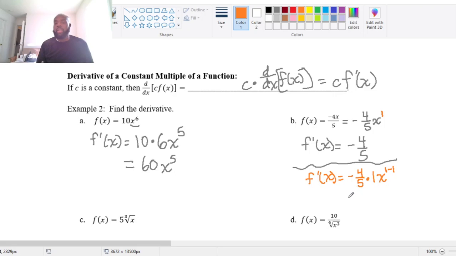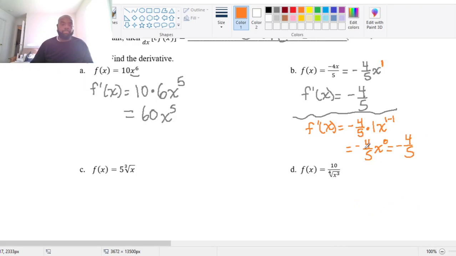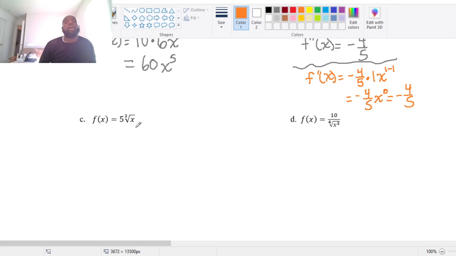Well, 1 minus 1 is 0, so I get negative 4/5 times 1, and that'll be x to the 0. And remember, anything to the 0 power except 0 is 1. So that's negative 4/5 times 1, which is negative 4/5. So if you don't want to do the derivative of a linear function, remember, it's just a power rule. You're just using x to the first power. It's the same thing.